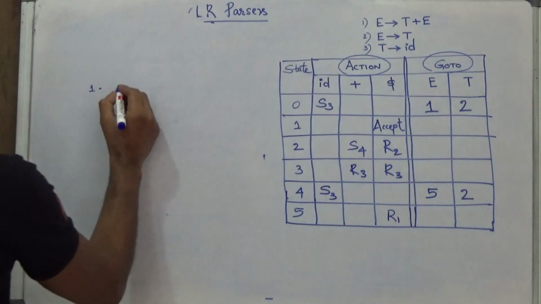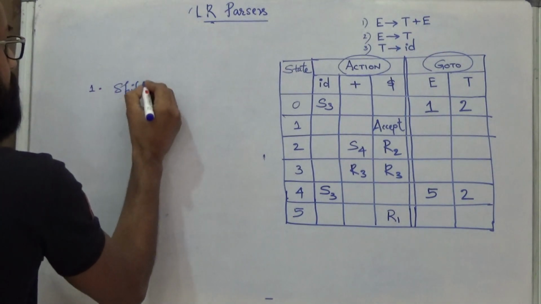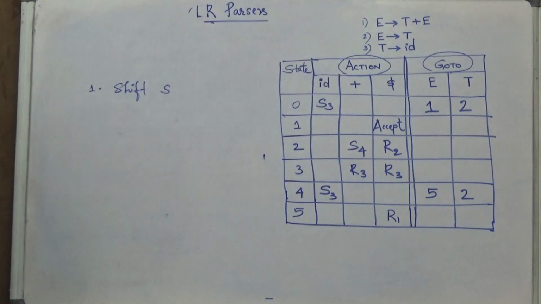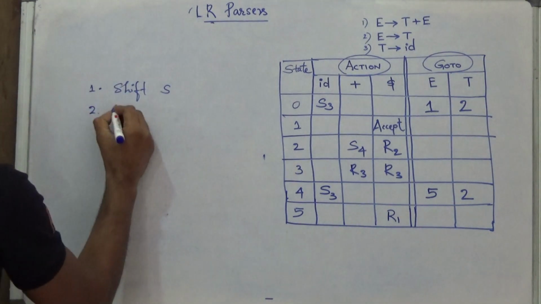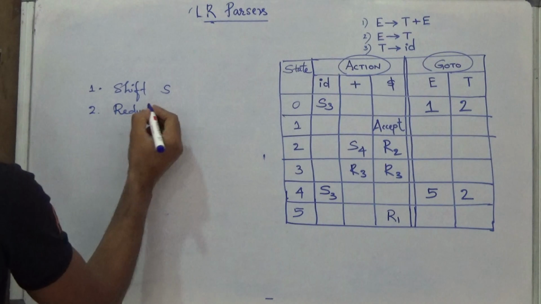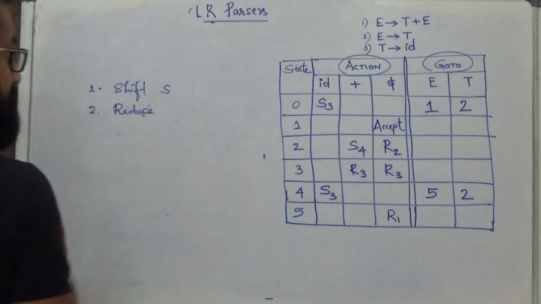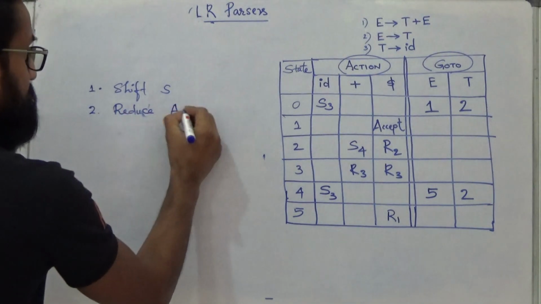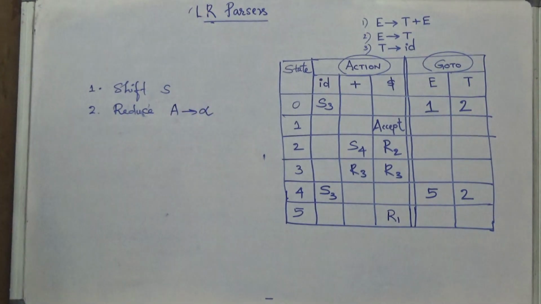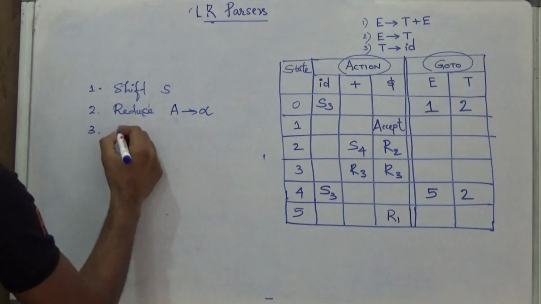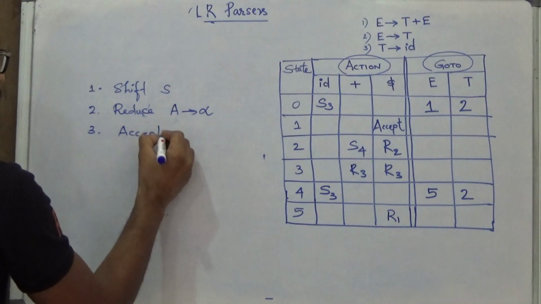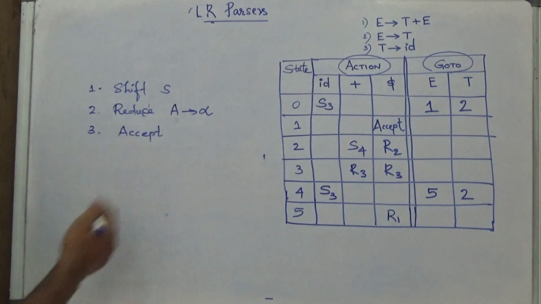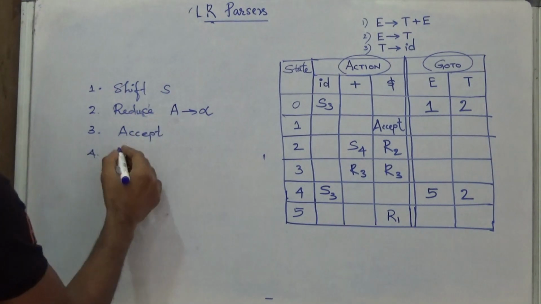It will either perform a shift operation, or perform a reduce operation by applying some production A giving alpha, or accept the string, and the fourth one is error.